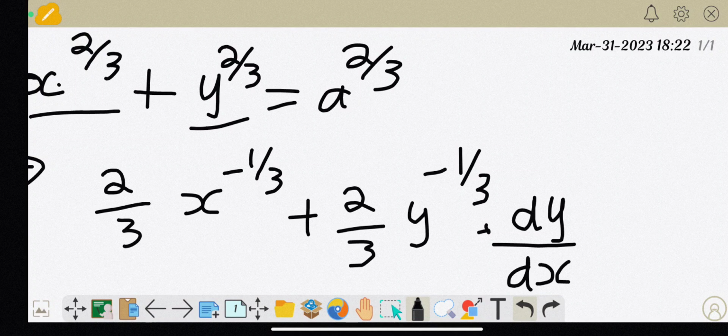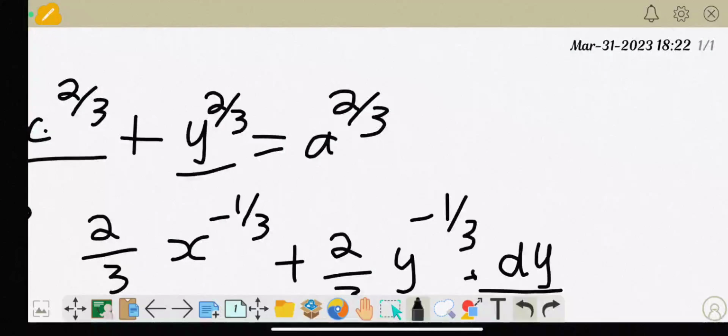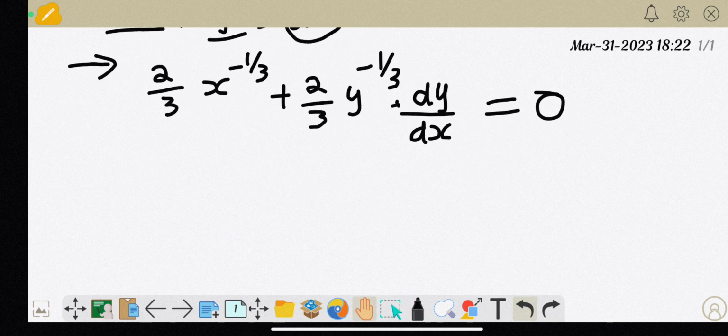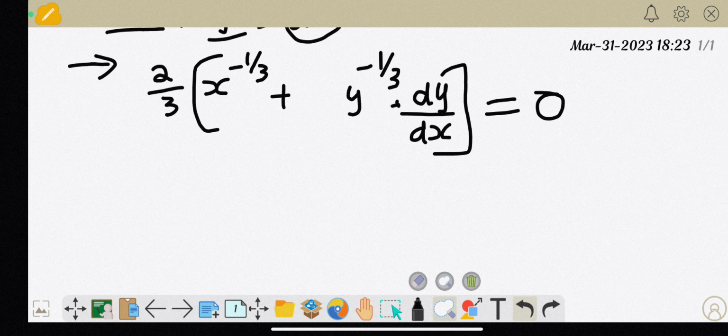Now this a is a constant term, so the differentiation of a constant is 0, correct? What answer do we want? We want dy by dx, right? So now I can take 2 by 3 common outside.